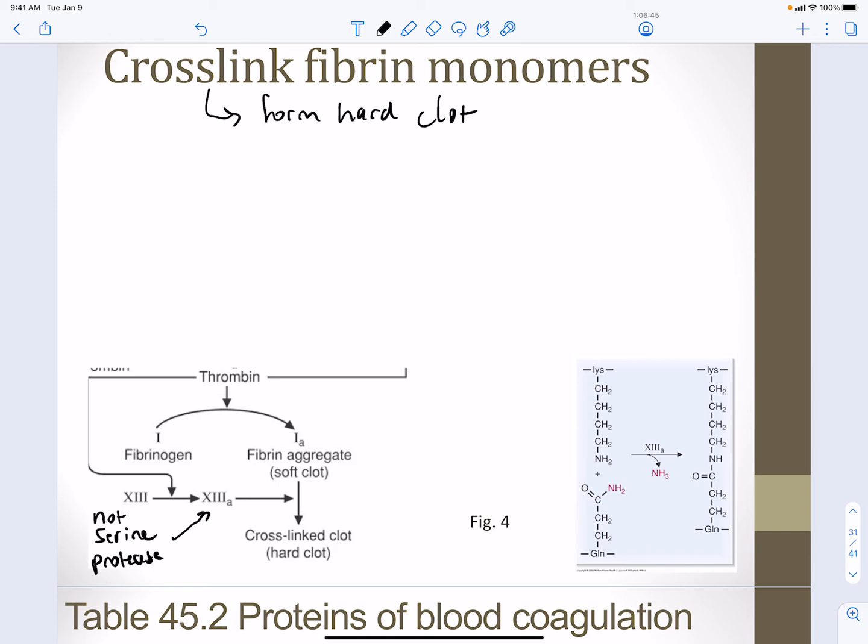Factor 13A is going to catalyze a transamidation reaction between lysine and glycine. It's not a serine protease. And so you get a 3D mesh of fibrin, and this is going to trap platelets and cells in this hard clot.